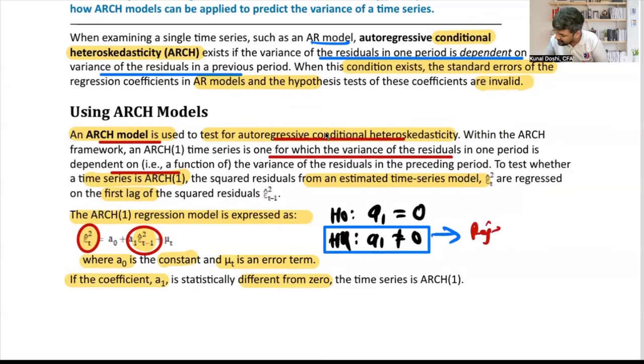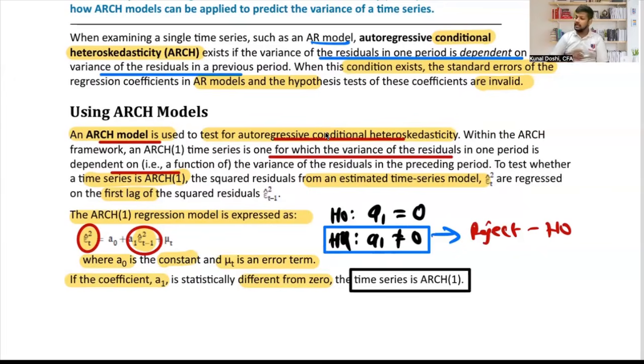If I reject the null, it means it is not equal to 0. So if it is statistically significantly different from 0, the time series is ARCH(1). If it is not 0, there is an ARCH effect. So the time series has ARCH.